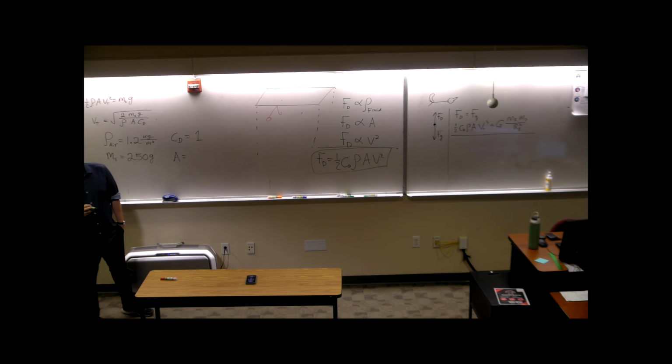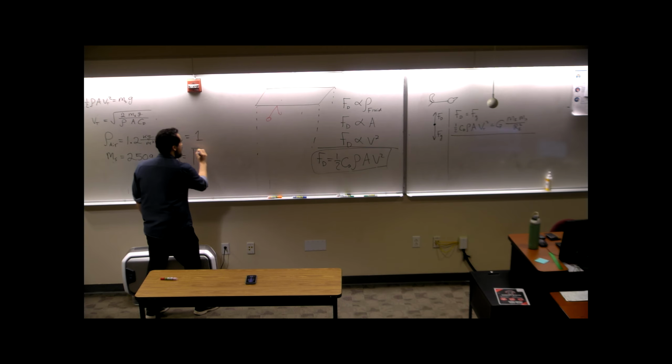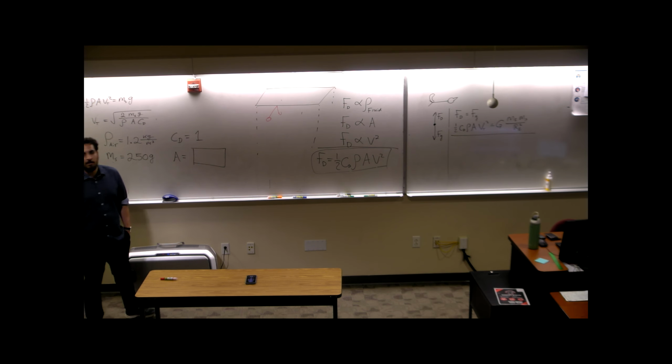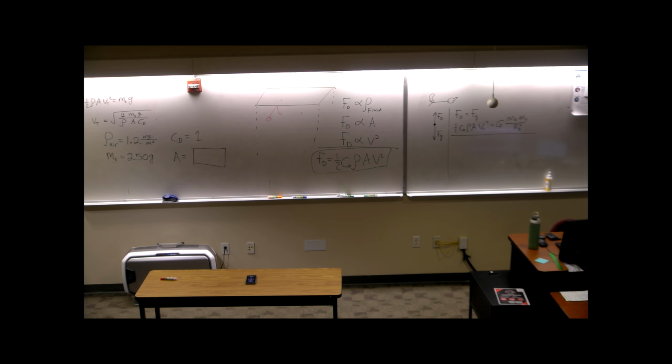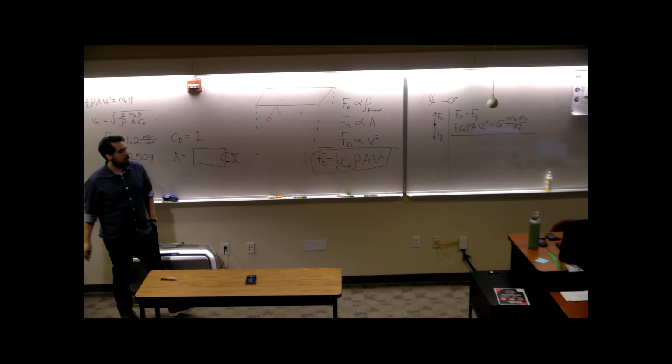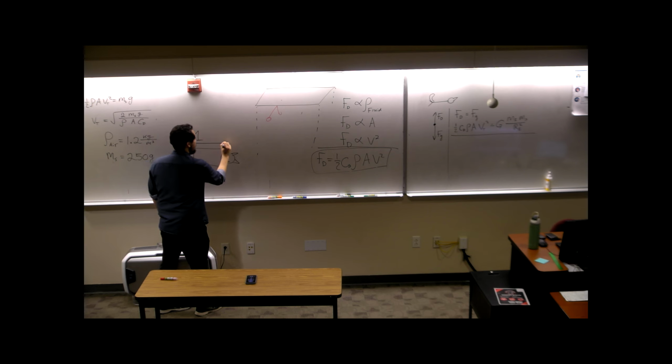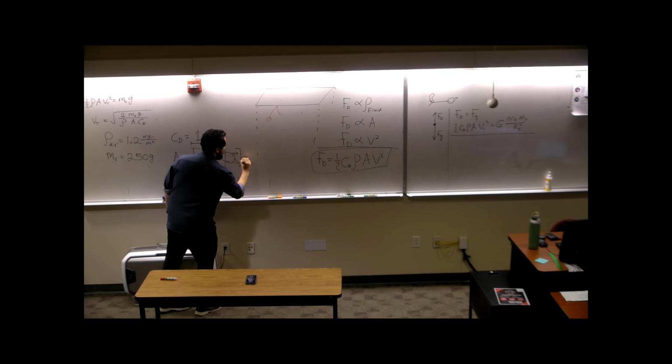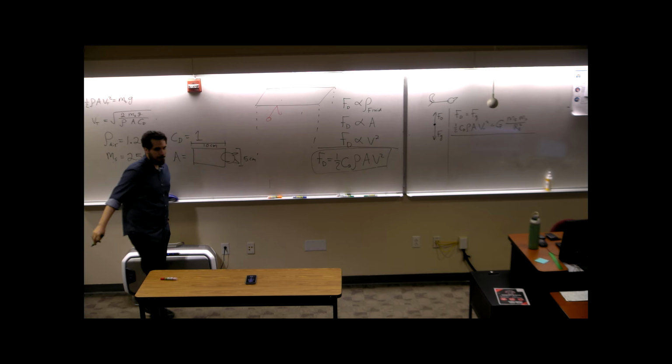The area for our squirrel will be estimated as a rectangle. Is this a great approximation? Not really. But we will estimate it to be a rectangle of size 10 centimeters by 5 centimeters.